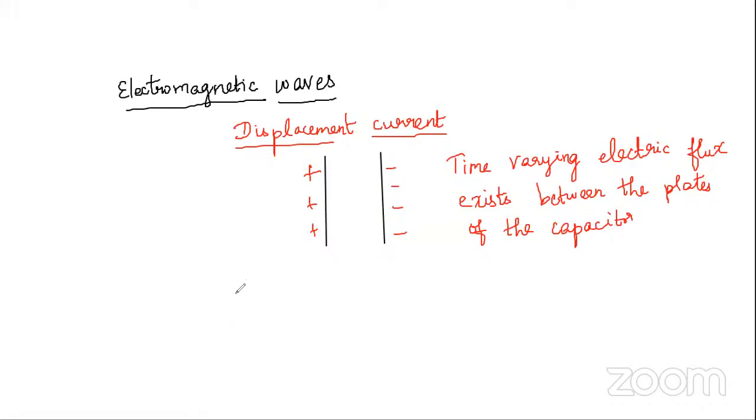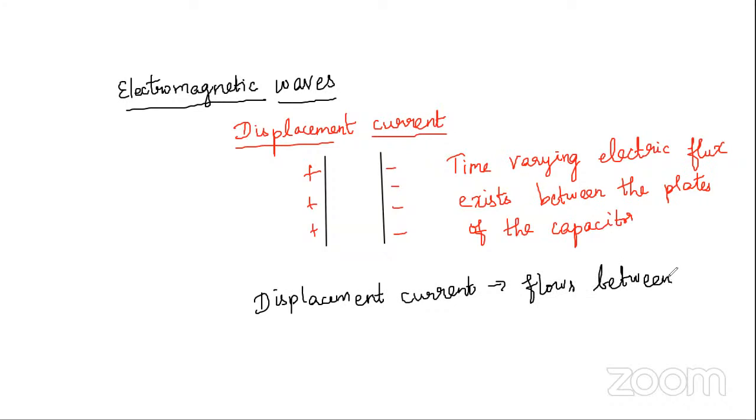So displacement current is nothing but the current flowing between the plates of the capacitor due to the time dependent electric flux. That is called displacement current.